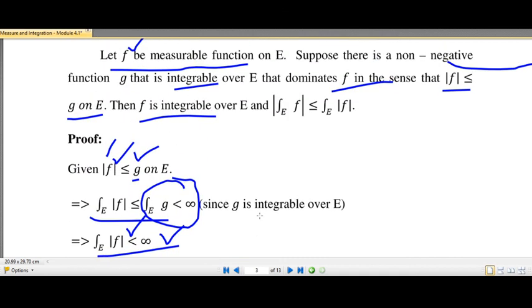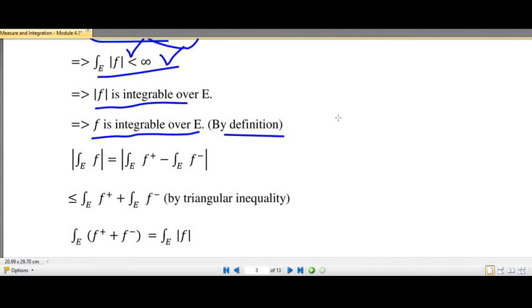Next we are going to prove that modulus of the integral of f over E is less than or equal to the integral of modulus of f over E. We already know that f can be written as f plus minus f minus, f plus and f minus.